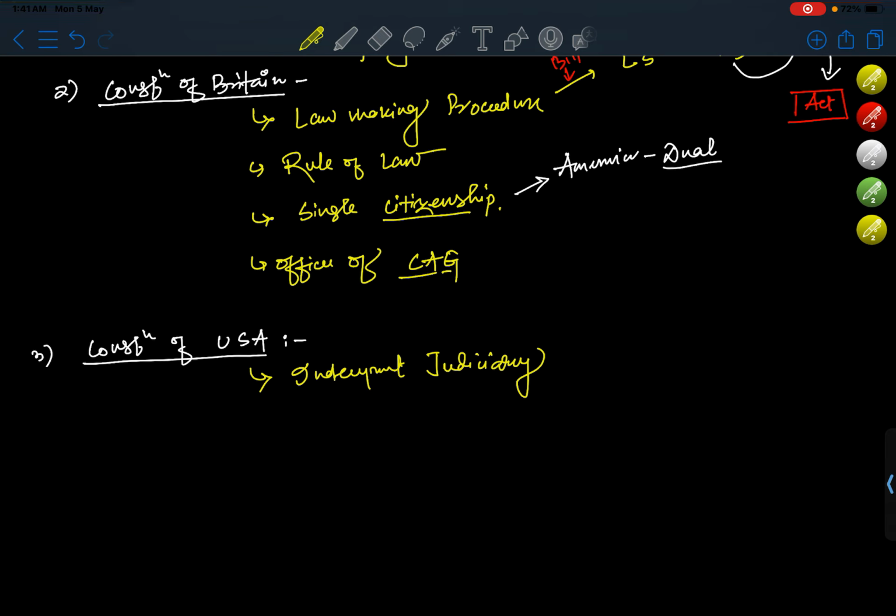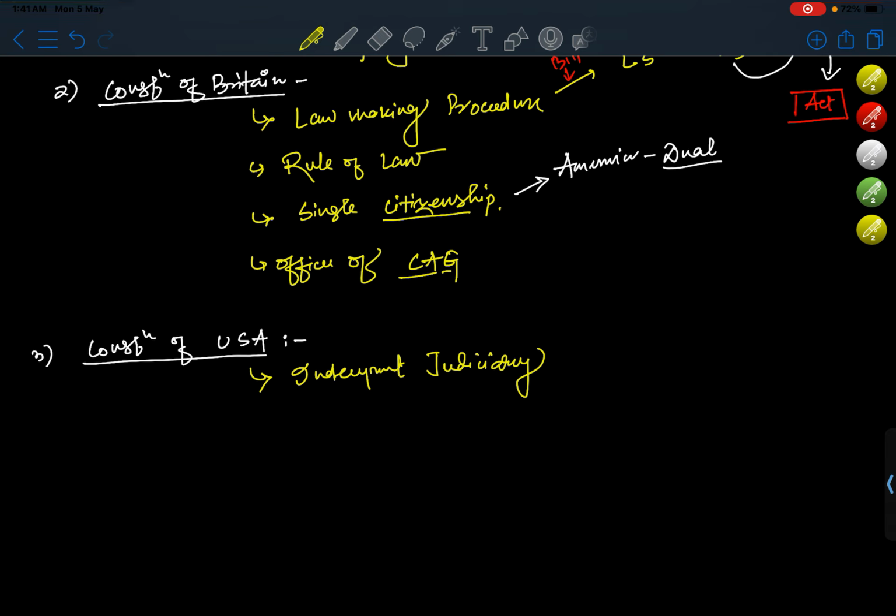So in India, the judiciary is independent. They can take their own decisions. But in England, it is different. In England, their parliament is sovereign. If the parliament has passed any law, then the court cannot challenge it or strike it down.